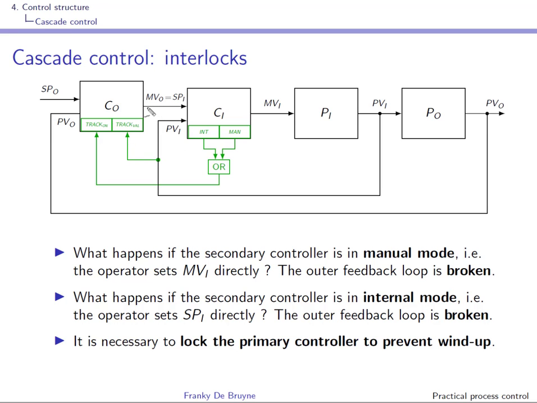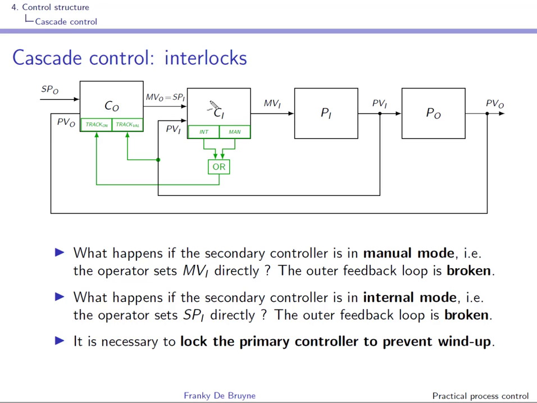You can see that when this controller is locked, the output, the outer MV here, will simply follow the inner PV and will impose a zero control error in the inner controller. What will happen is that the outer MV is ready when this one goes again to external automatic mode.